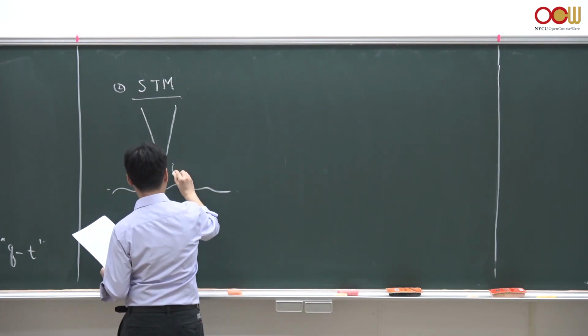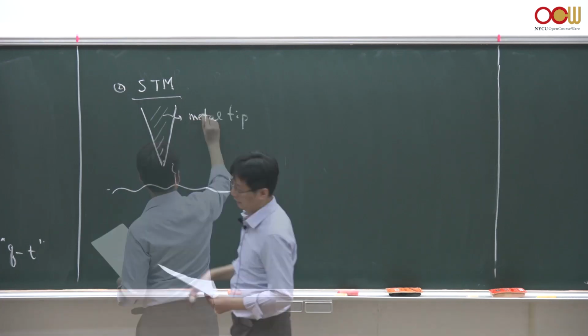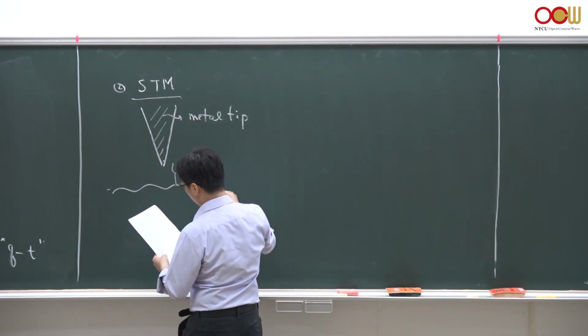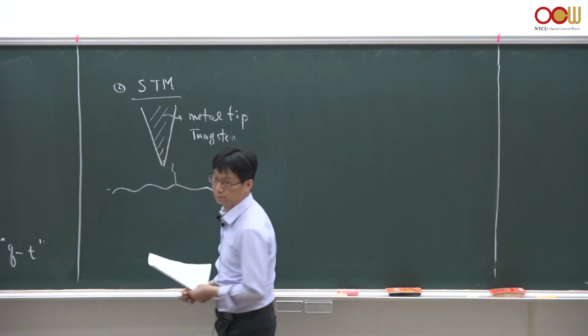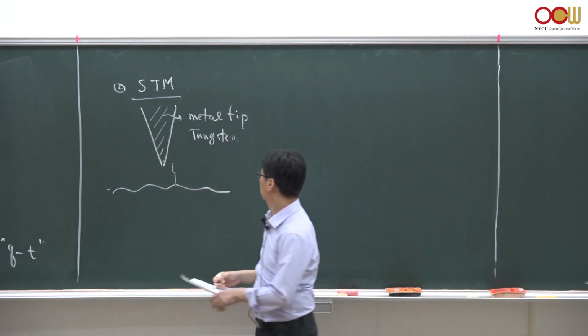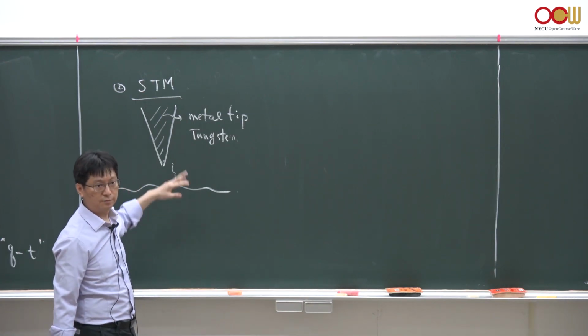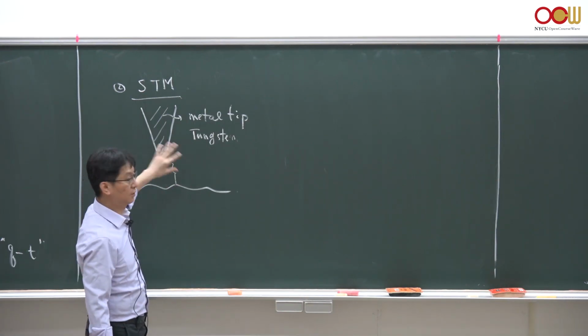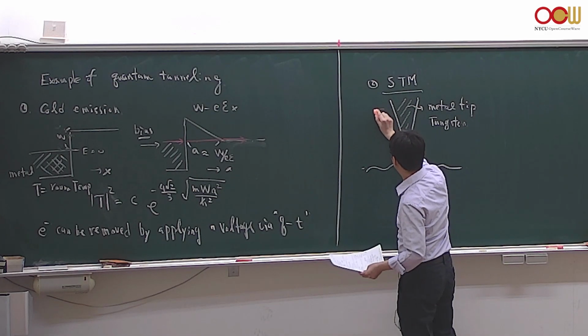This is the metal tip of the STM, and usually it is a tungsten tip. And you know that electrons can move out of the tip, or go between the tip and the surface, if you apply a voltage bias, similar to cold emission.